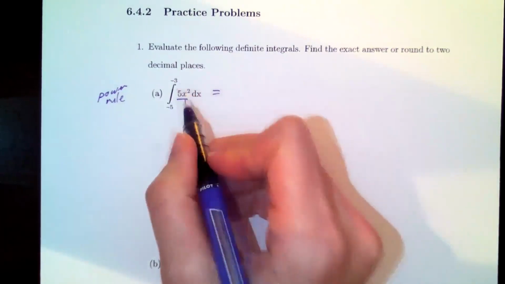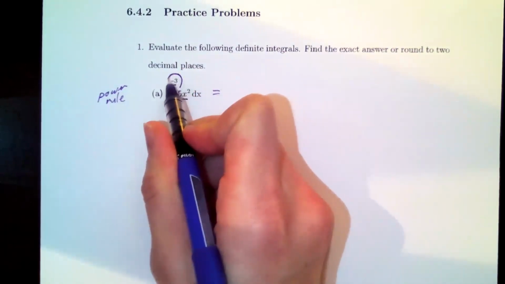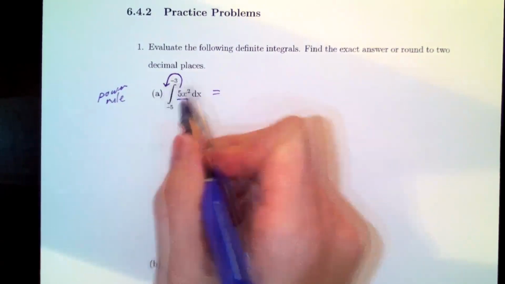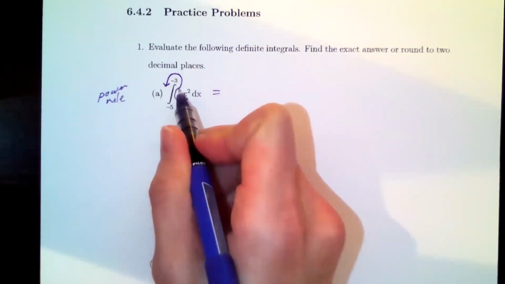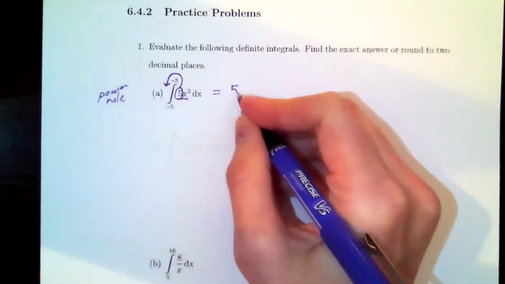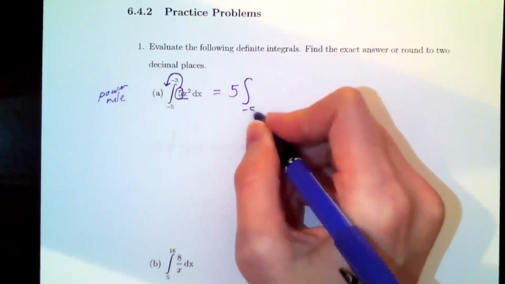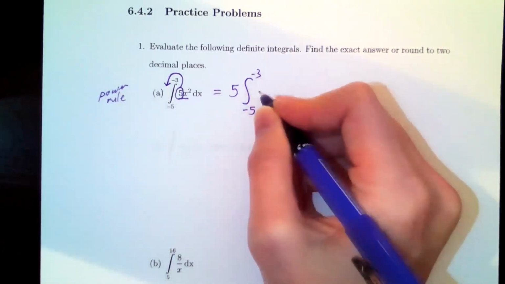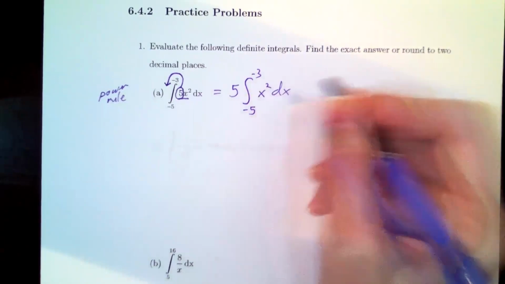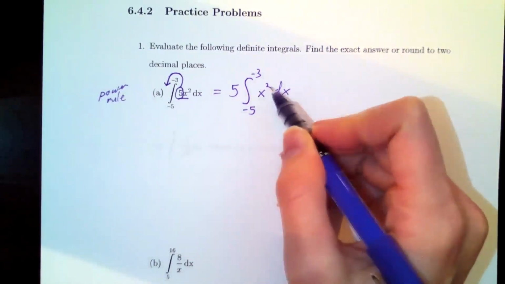So the first thing I'm going to do, maybe to help get rid of some confusion, whenever you have a constant like 5 multiplied in front of your function, you can actually remove it out of the integral sign and put it out front. So I'm going to have 5 times the integral from minus 5 to minus 3 of x squared dx.